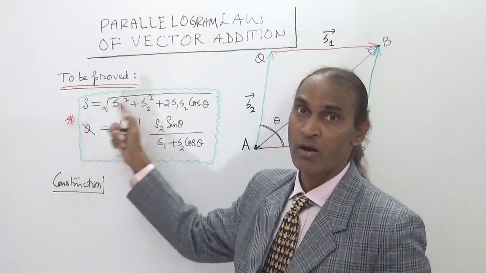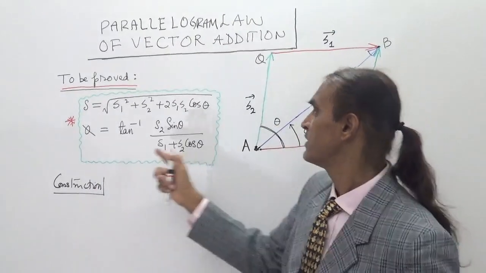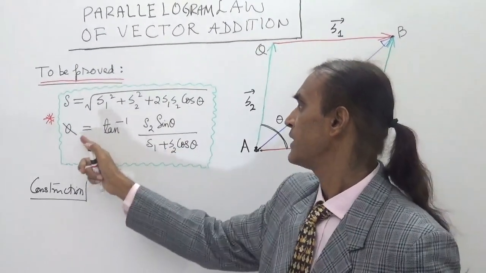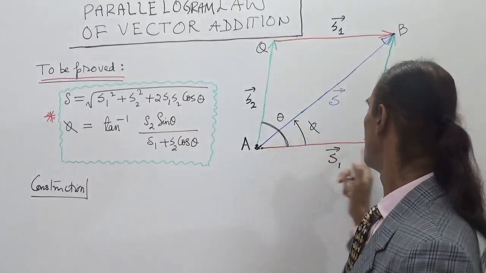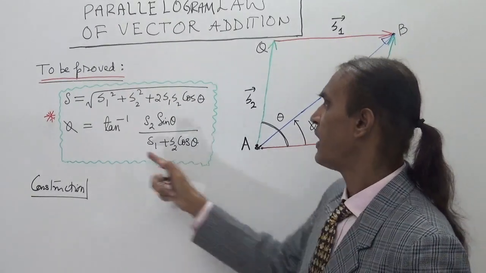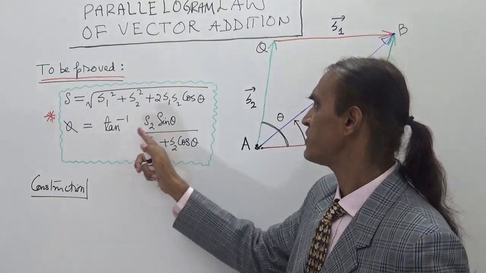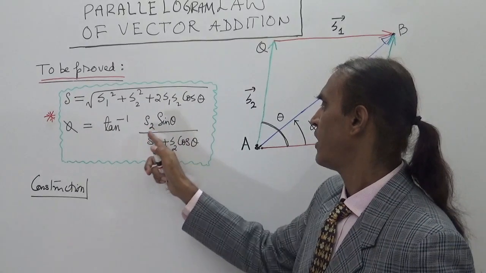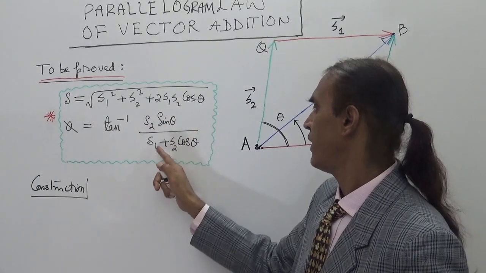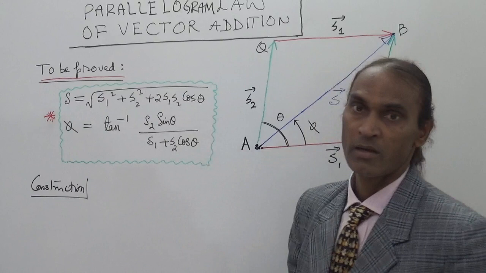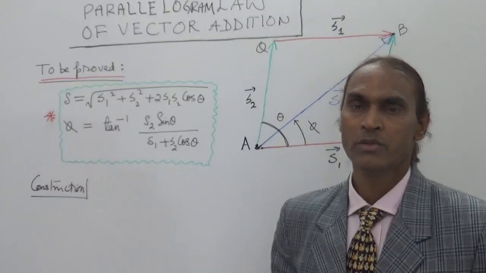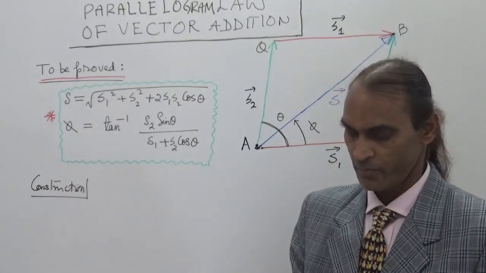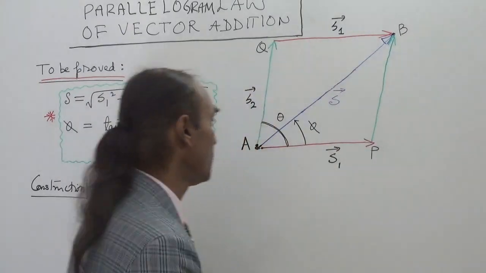This is the magnitude of the resulting displacement or resulting vector, and its direction with respect to S1 is phi is equal to tan inverse S2 sin theta by S1 plus S2 cos theta. We can use Euclidean geometry and some trigonometry also.